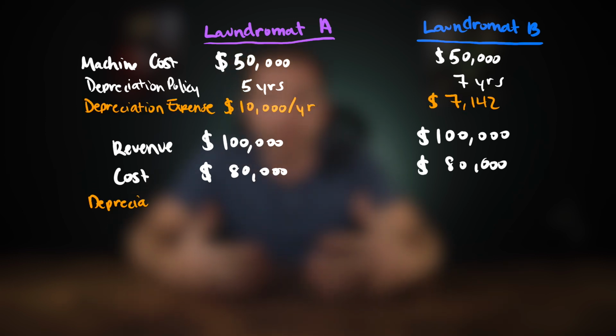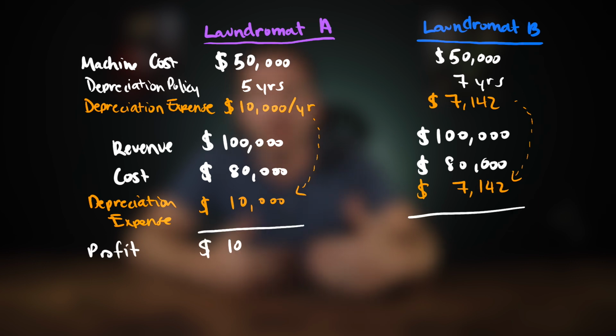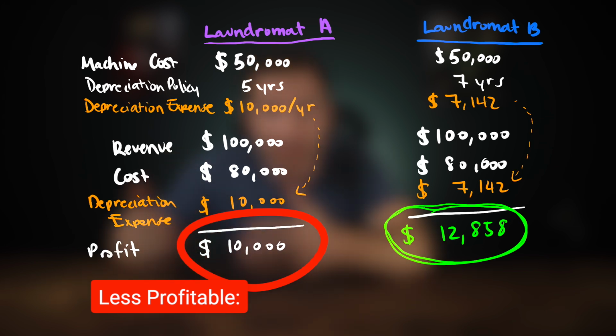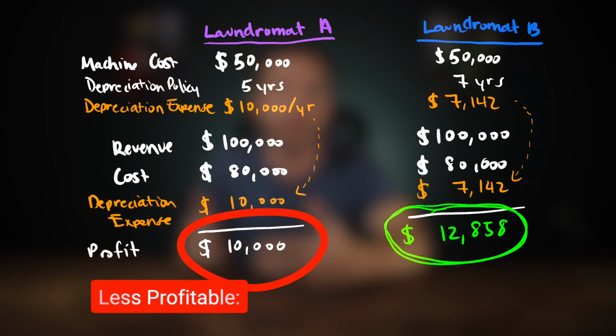If we do a profitability analysis using net profit, Laundromat A will appear less profitable simply because it chose to recognize the machine's depreciation expense over a shorter period of time. Again, we are interested in how profitable the daily operations of the business are, and excluding depreciation and amortization from the analysis helps us to focus on just that.